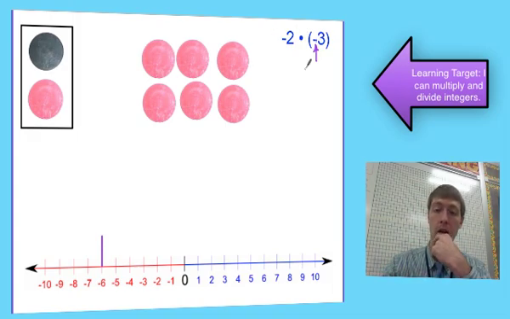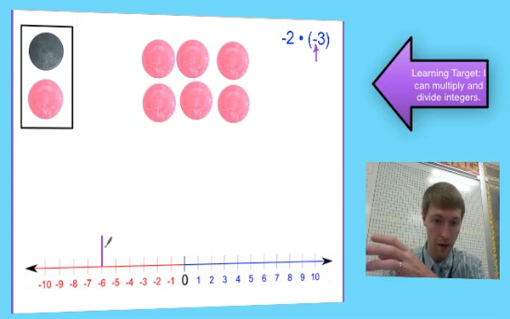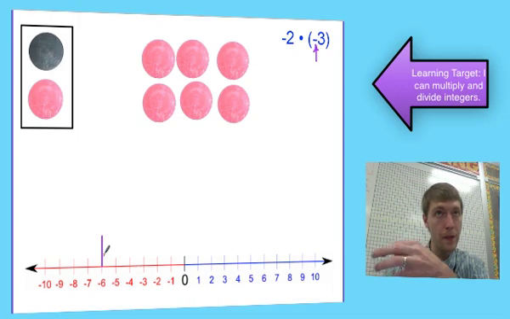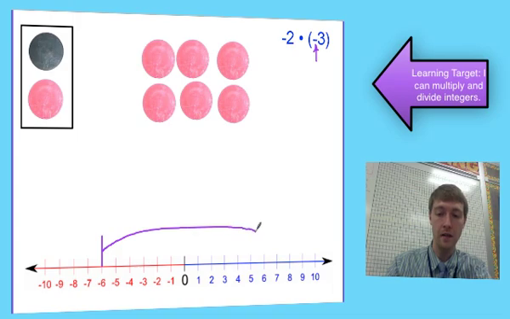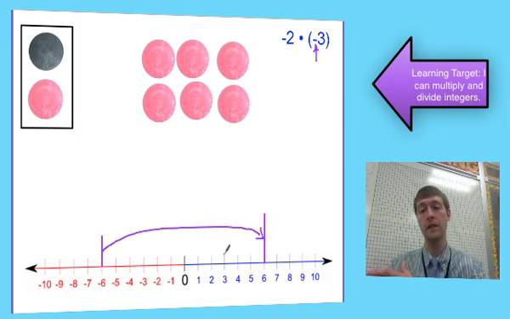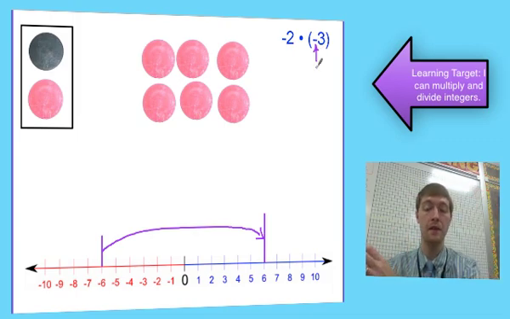Well, what's -2 times 3? That's -6 right here on the number line. So the opposite of 3 would then bring us all the way over here. What's the opposite of -6? +6. So that's why a negative times a negative is a positive.